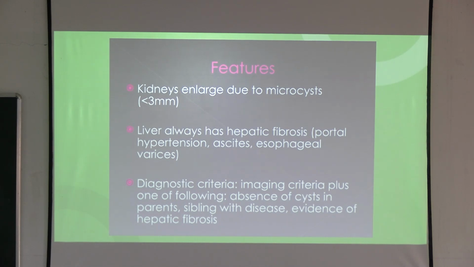So presence of hepatic fibrosis, portal hypertension, esophageal varices, hepatic duct cyst, bile duct cyst are more important diagnostic criteria for ARPKD, autosomal recessive polycystic kidney disease, and it occurs due to defect of which gene? PKHD1, and the name of protein? Fibrocystin, ciliary protein. Okay.